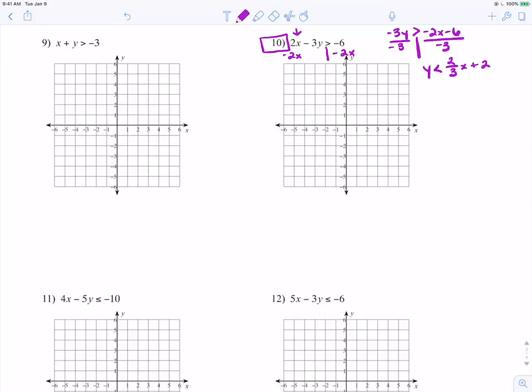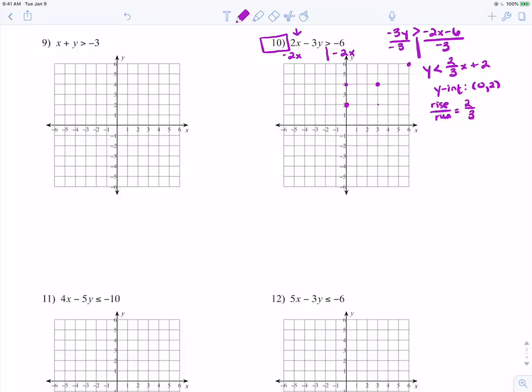The y-intercept is 0, positive 2, so I plot that, and then I move with the slope to plot as many points as possible. I see that my rise over run is 2 over 3, so I move 2 in the positive y direction and 3 in the positive x.